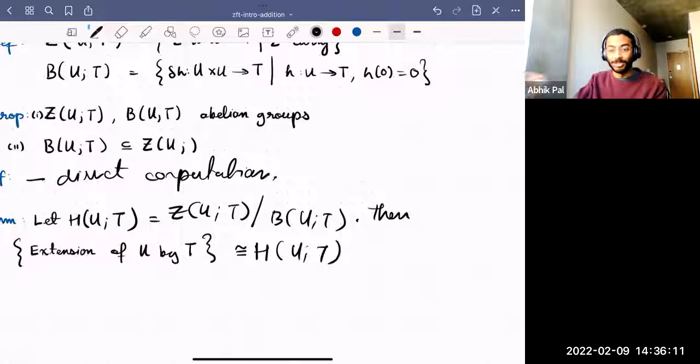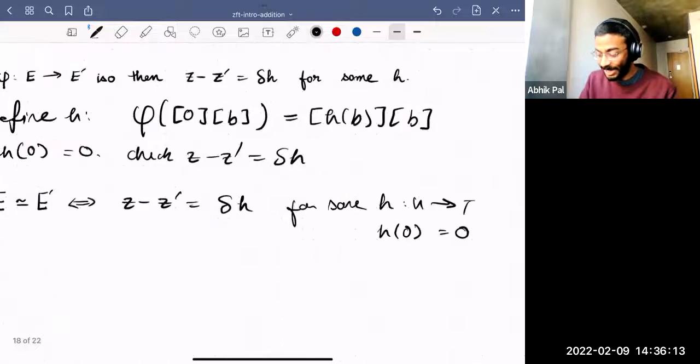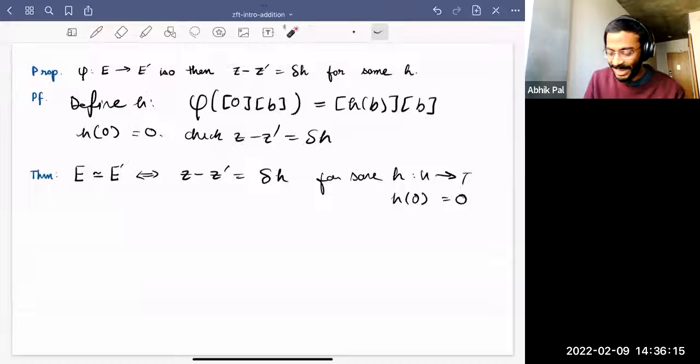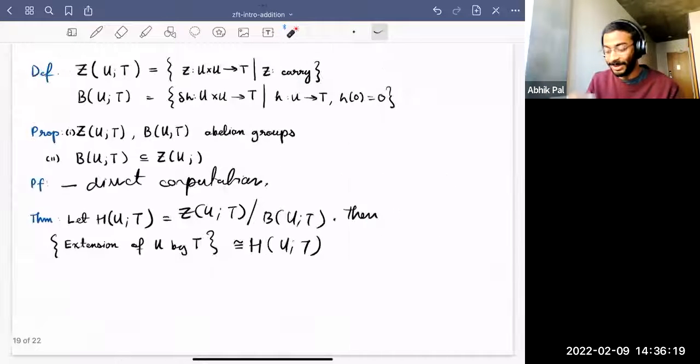Any element in this group will give us an extension, and any two extensions that vary by this difference in carries will in fact be the same element in this group H.